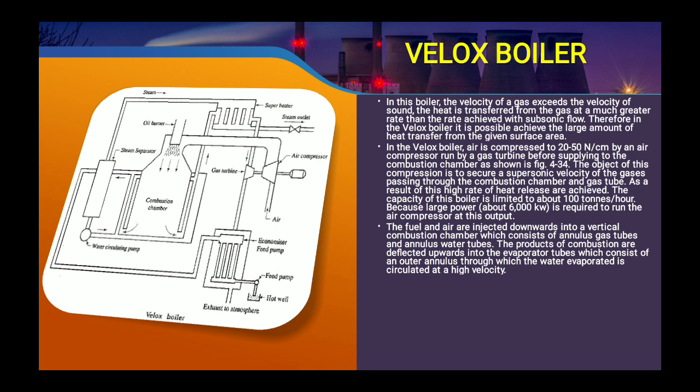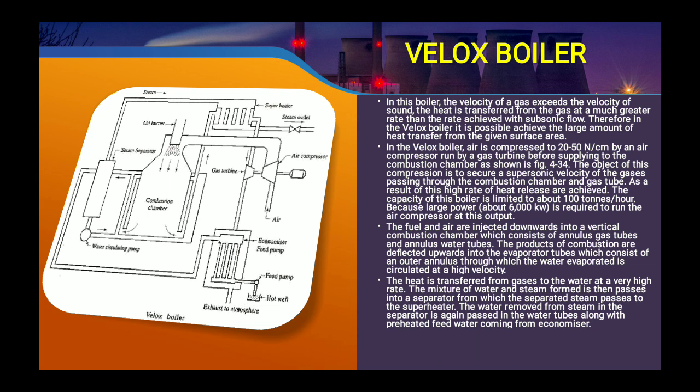The fuel and air are injected downwards into a vertical combustion chamber which consists of annular gas tubes and annular water tubes. The products of combustion are deflected upward into the evaporator tubes which consist of an outer annulus through which the water to be evaporated is circulated at a high velocity.